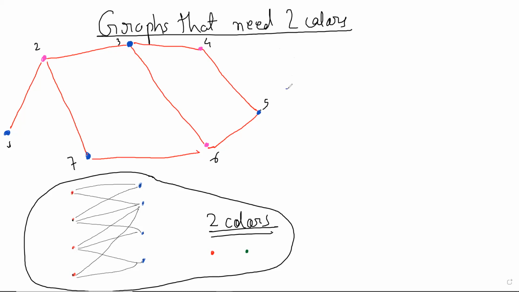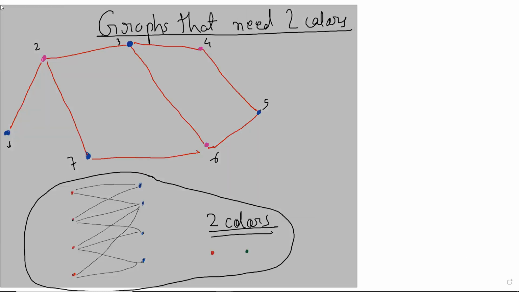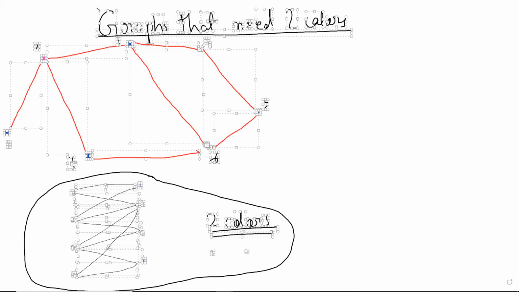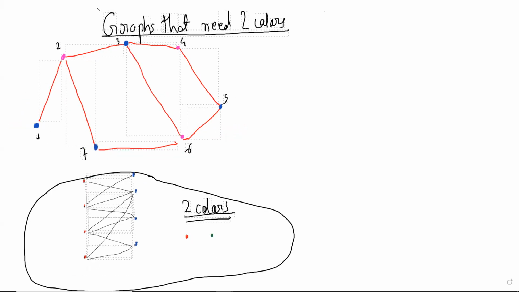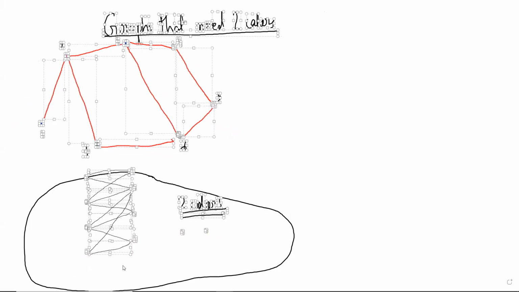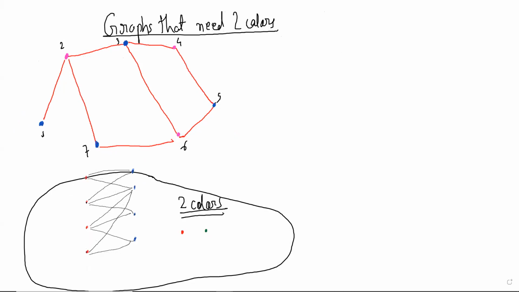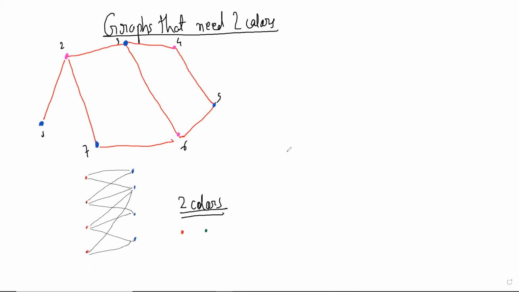So what is it that we are trying to do? Maybe I can just shrink this a little bit to create a bit of space. Anyways, doesn't matter, I think it's still clear. What am I trying to do?